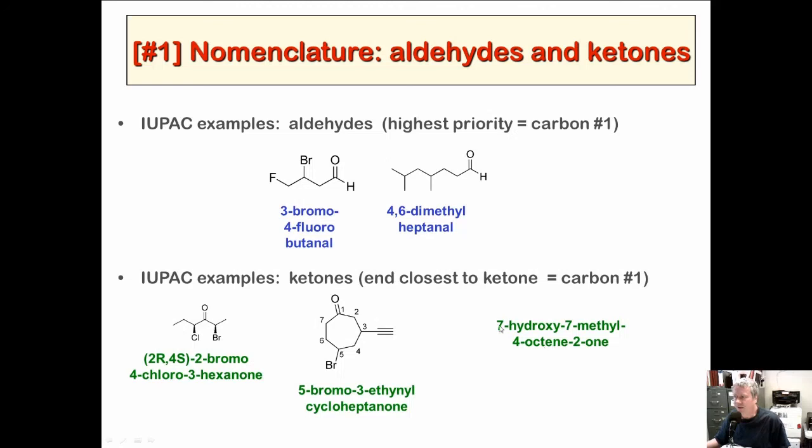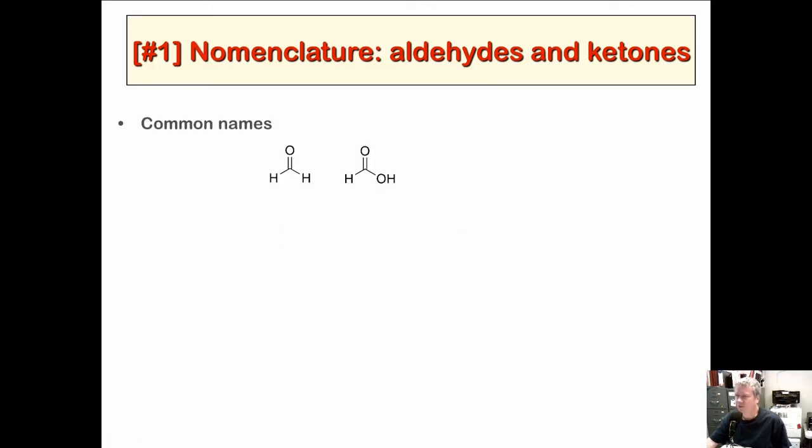And then we have a hydroxy on 7 and a methyl on 7. There we go. Ketone on 2, alkene on 4, and then methyl and hydroxy on 7.